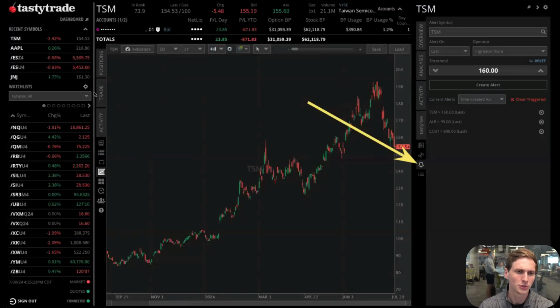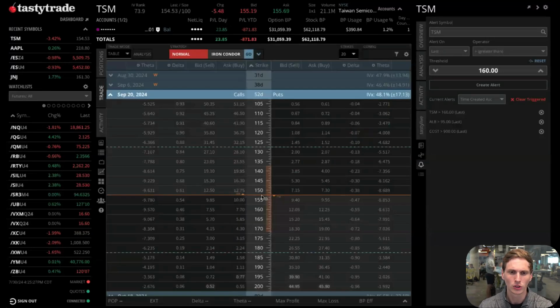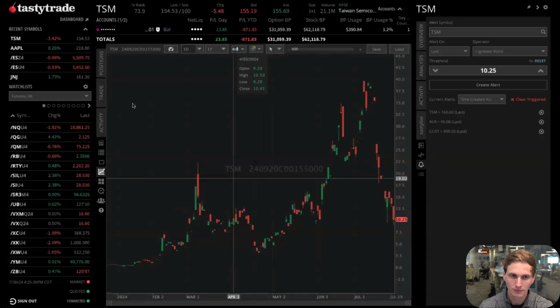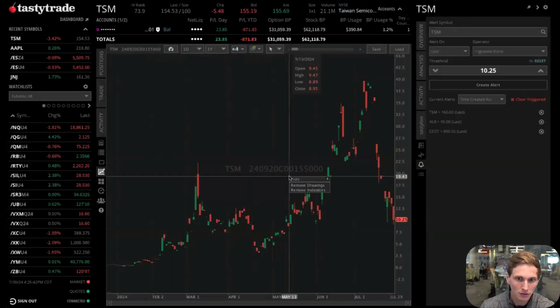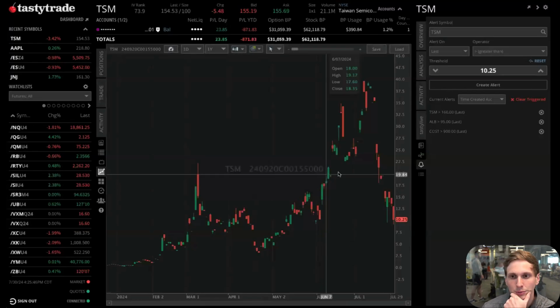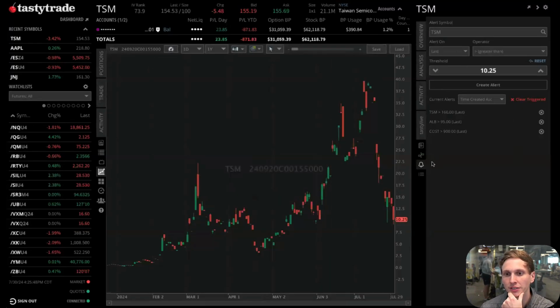Now, if you wanted to do it on an option, there's a couple of steps. You'd go find the option that you wanted to place an alert on, and you need to view the chart for that option. And then once you have that set up, it should, in theory, unless we removed this recently because it was messing up.